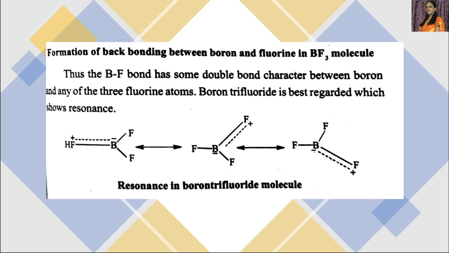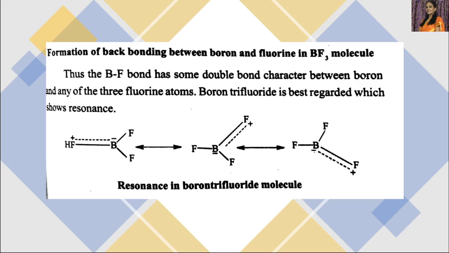About the higher boranes, we discussed tetraborane B4H10, pentaborane B5H9, and next we discussed borazole or borazine: how it is prepared, what are its properties, and what is its structure. Next, boron nitride, BN: how it is prepared, what are its uses, what is its structure. Finally, we discussed the trihalides, that is BX3 type of trihalides of boron.